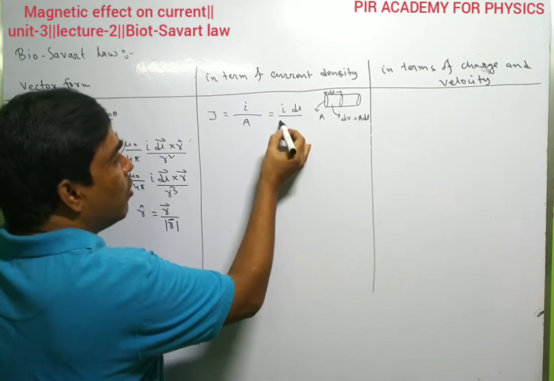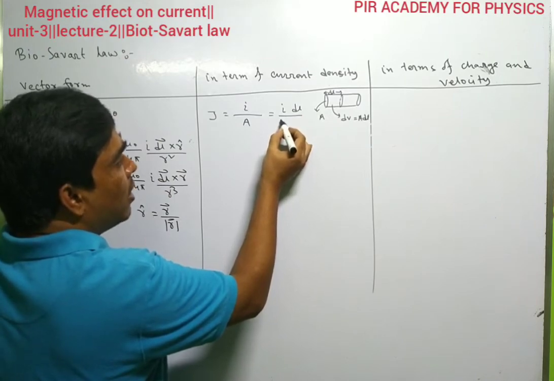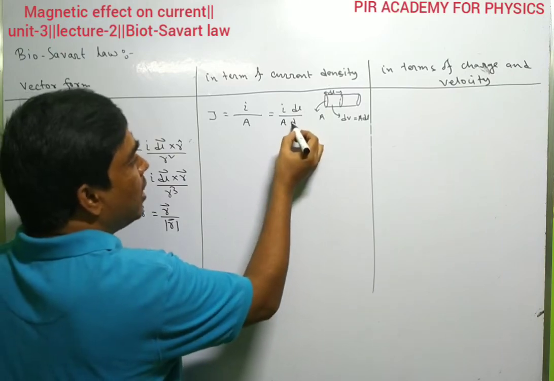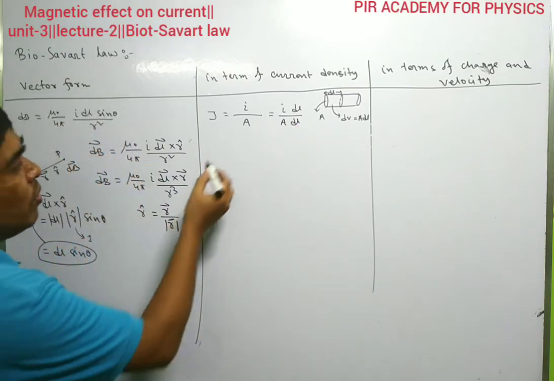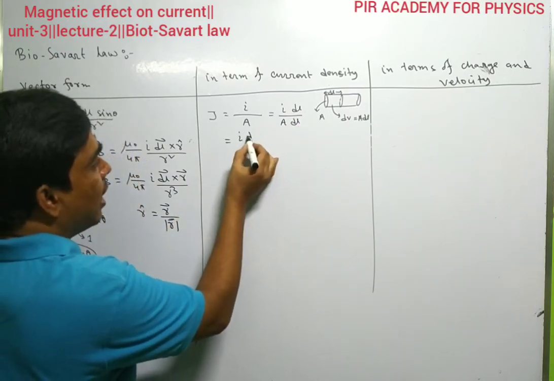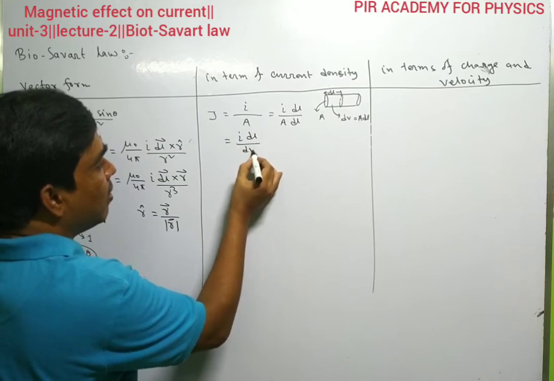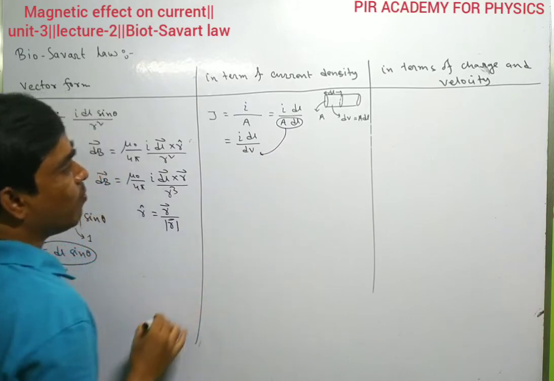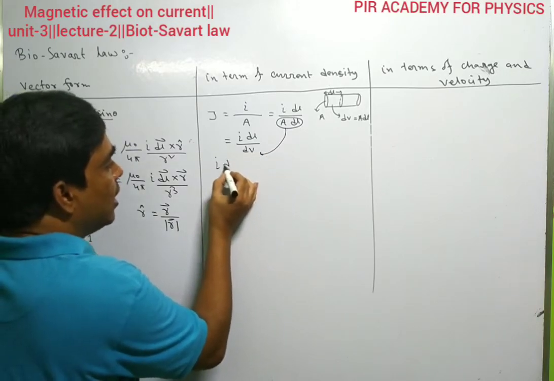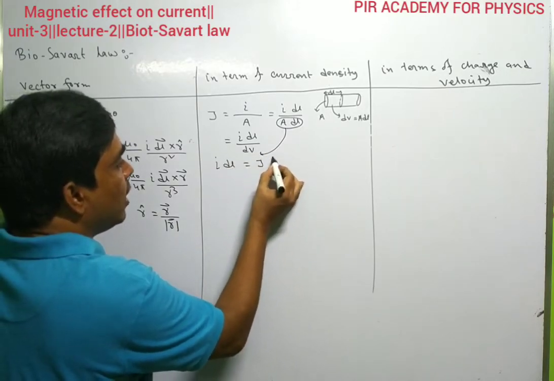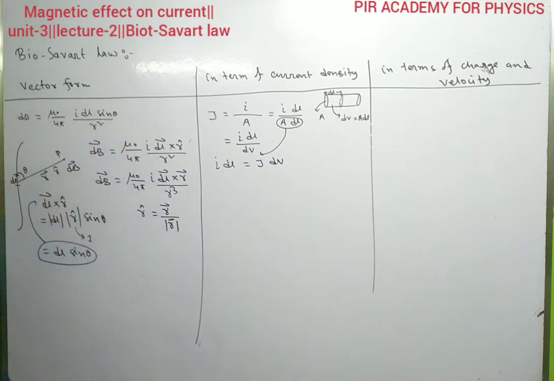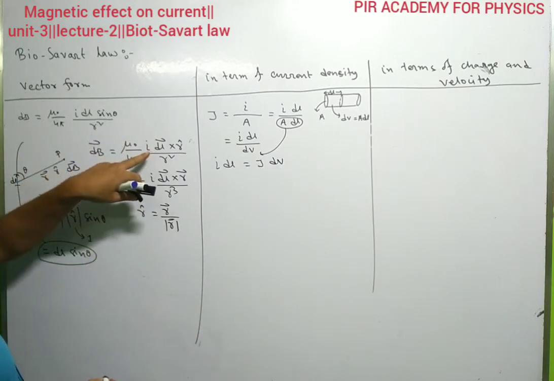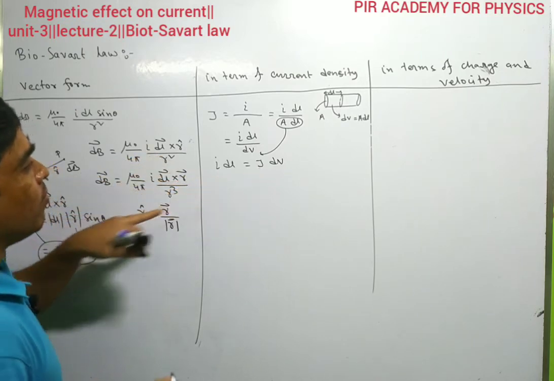We multiply both I and A by dl. So it can be written as I dl, and A dl is dV. So I dl equals J dV. Here you have to replace I dl by J dV.